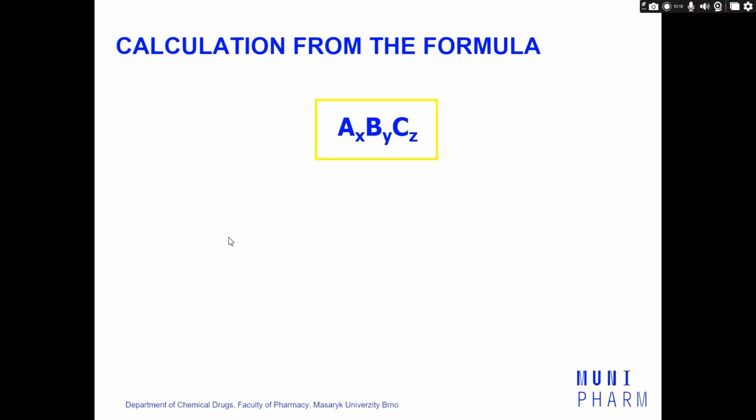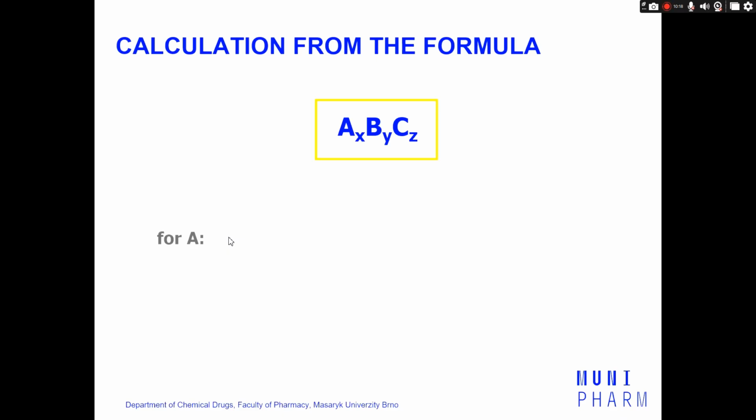For the calculation, we have to create the mass fractions for all individual elements. Let's start with the element A. We know that the mass fraction of the element in the compound can be calculated as the ratio of its mass and the mass of the whole compound.